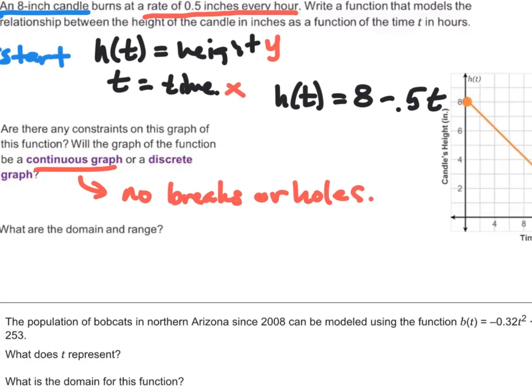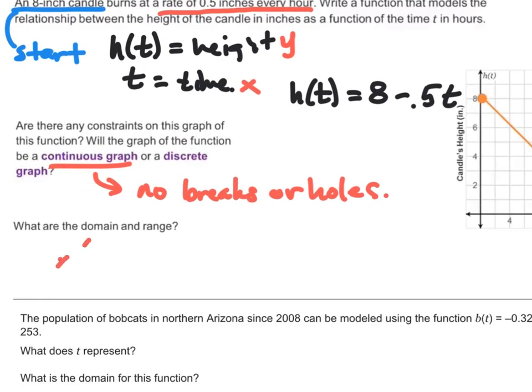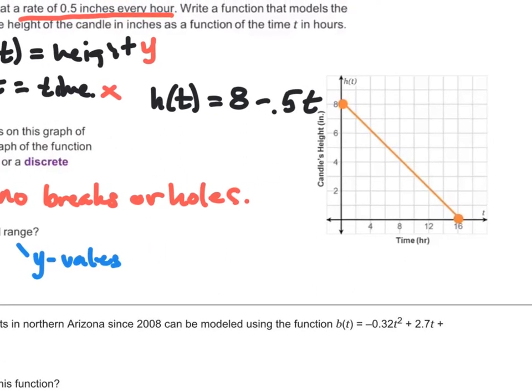So the domain, remember, are the x values. Range is the y values. If I wanted to talk about my domain here, I'm going to call that D, and I'm going to use the brackets, and I've got values of t. I know that the time it takes to burn this candle goes from 0 to 16 hours.